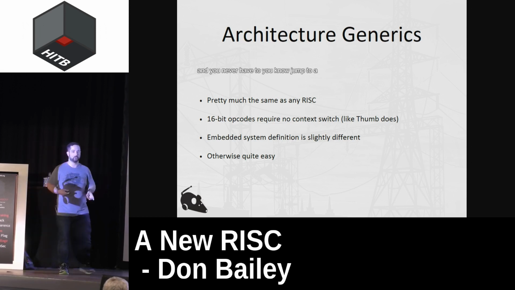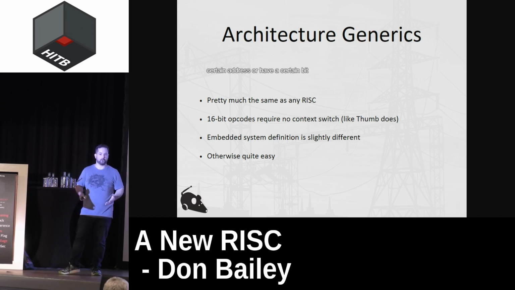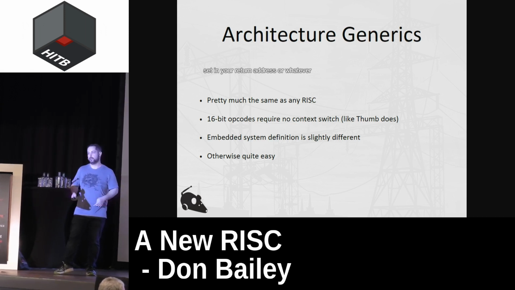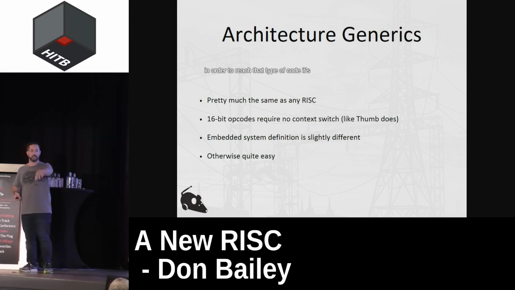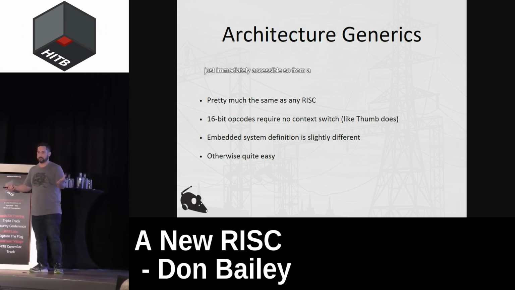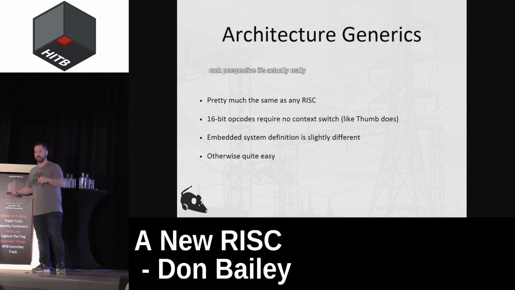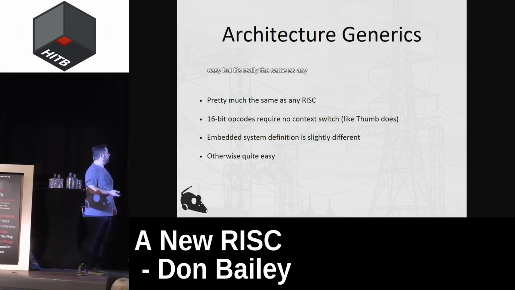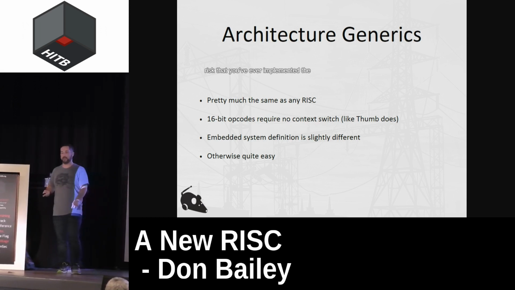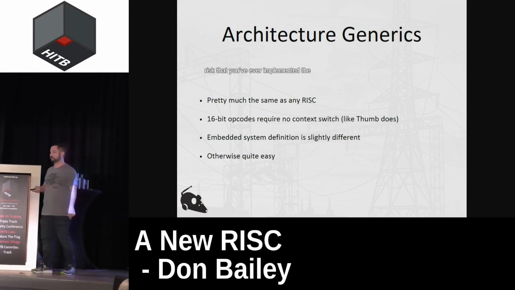And you never have to jump to a certain address or have a certain bit set in your return address or whatever in order to reach that type of code. It's just immediately accessible. So from a ROP perspective, it's actually really fun. But otherwise, it's actually quite easy, but it's really the same as any RISC that you've ever implemented.